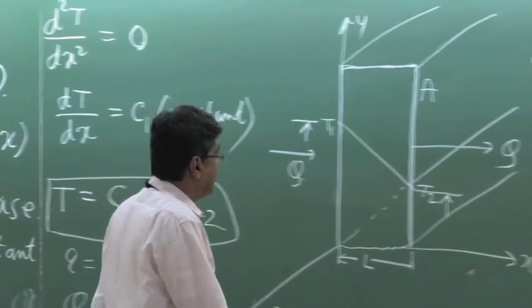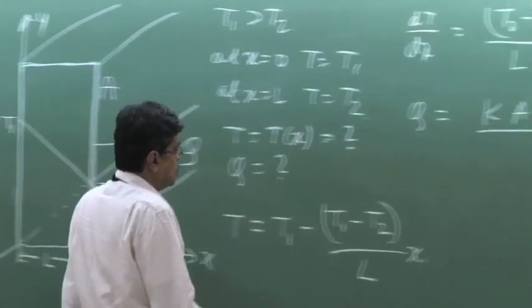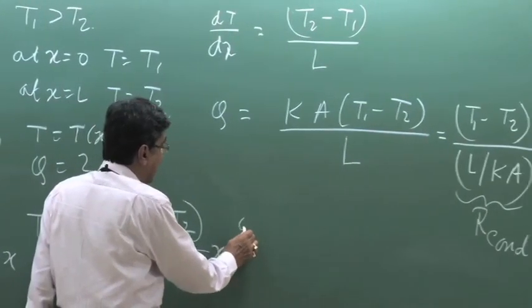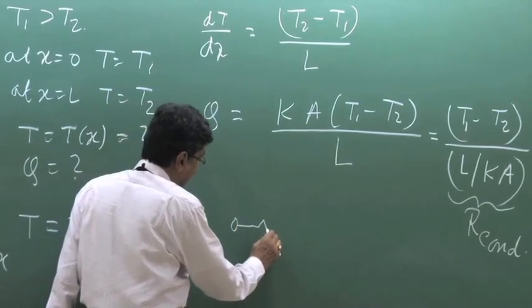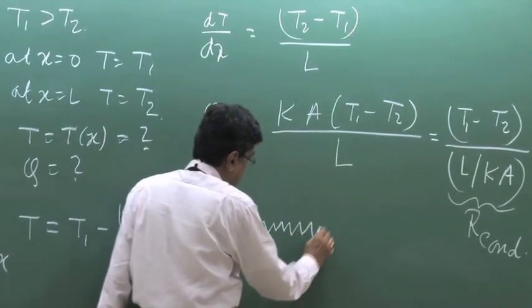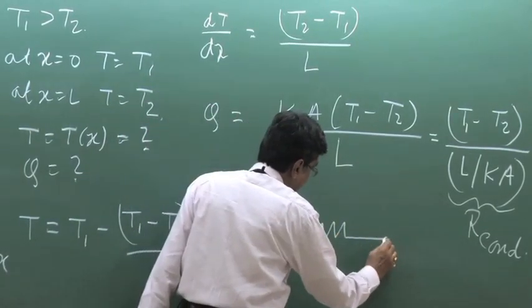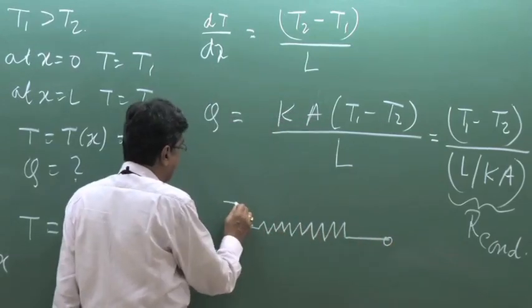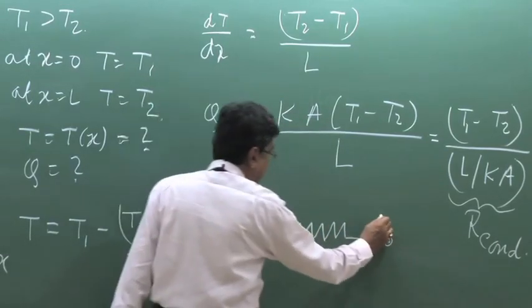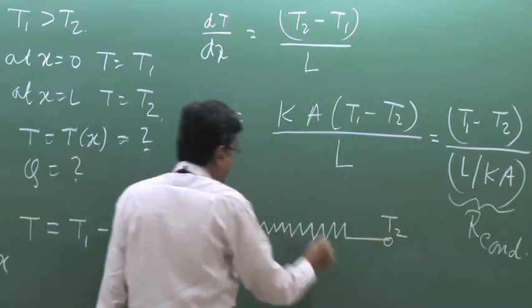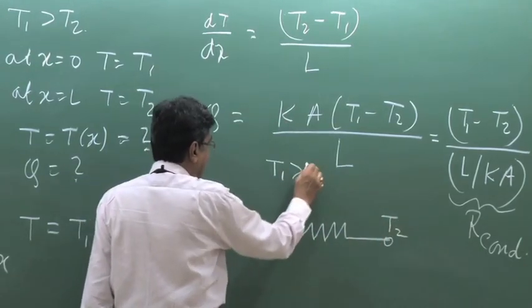And this can be expressed, shown as an electrical analogous circuit like this. As an electrical analogous circuit like this, potential is T1, this potential is T2, and T1 is greater than T2.